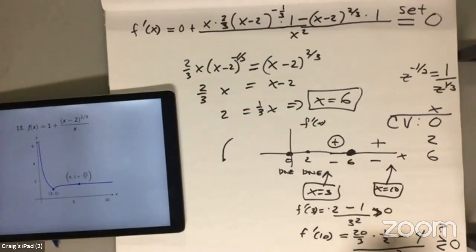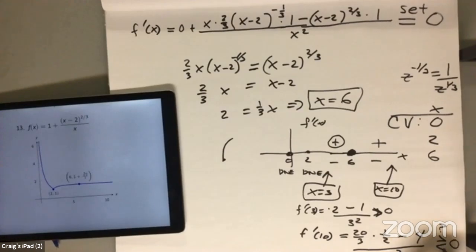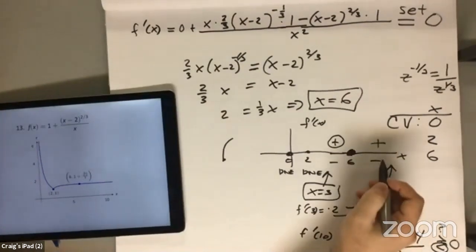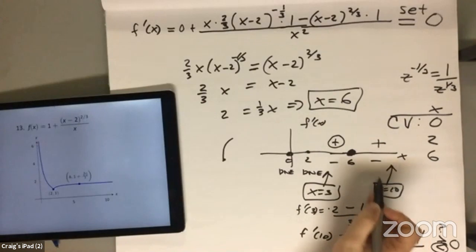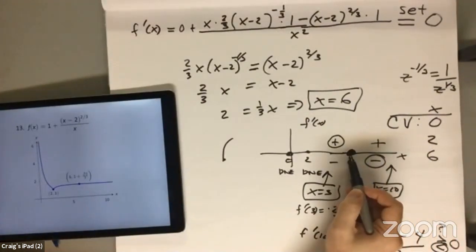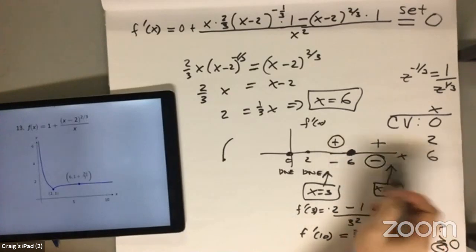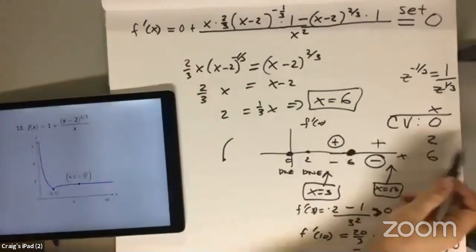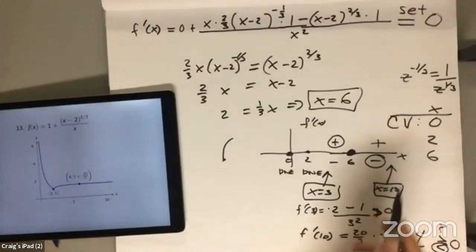I don't have to actually do the calculation, but it's pretty easy. I have 20 divided by 2 is 10. 10 thirds is 3 1/3, minus 4 is negative. So the derivative here when x equals 10 is negative, so it has to be negative all of the time. Here the derivative is 0, and then it's never 0 again, so it's either positive or negative until, well, forever in this case.